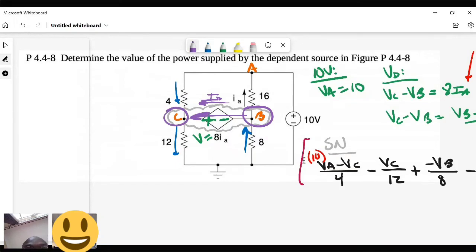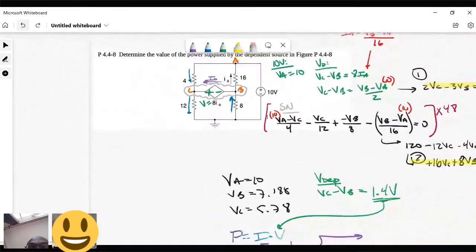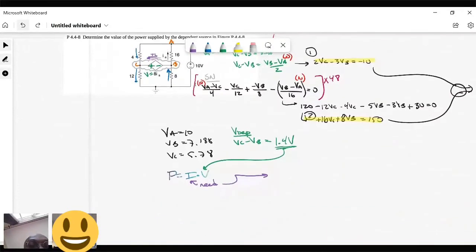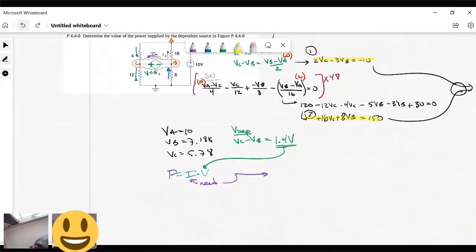Does that make some sense? Which means that I can do KCL on B or I can do KCL on C and they have to give me the same answer. Whatever current is passing out of B has to be the current going into C. So I'll say solve for I into C or I out of B. They're going to be the same answer. Okay?